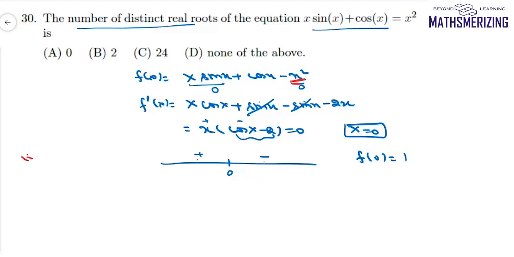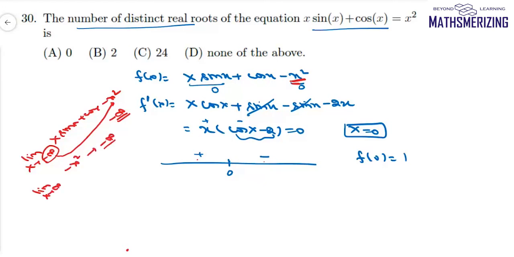So if I take the limit x tends to minus infinity of x sin x plus cos x minus x square, minus infinity will contribute the higher power of x. So this value will be minus infinity. So this function will start from minus infinity, and in the same way, if I take the limit x tends to plus infinity, again because of this minus x square, it will end at minus infinity.